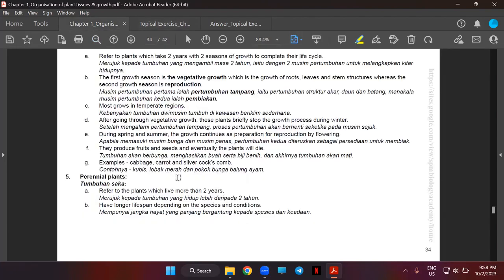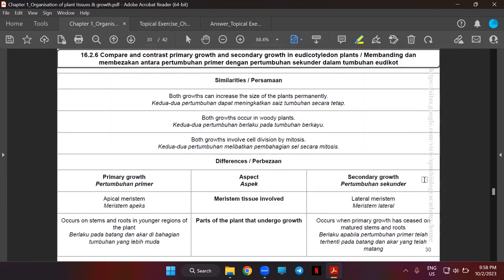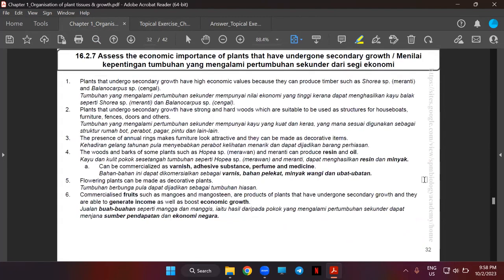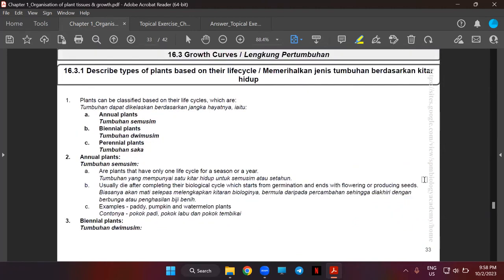Dan kalau kita lihat nota kita, there, pumpkin. So, pokok labu di bawah annual plant, tumbuhan semusim.